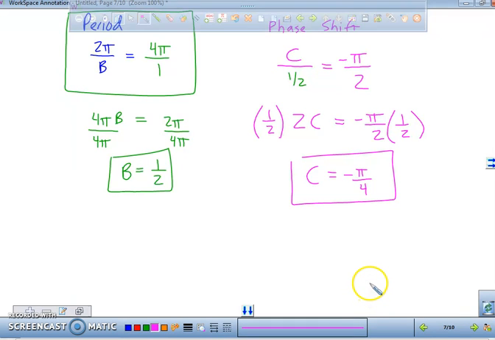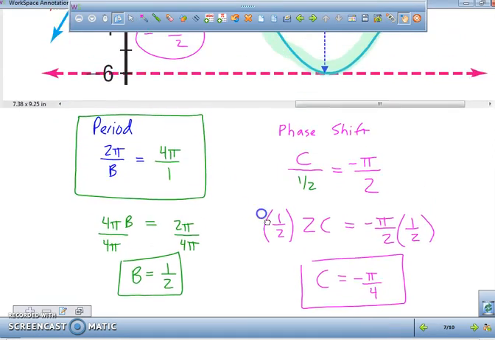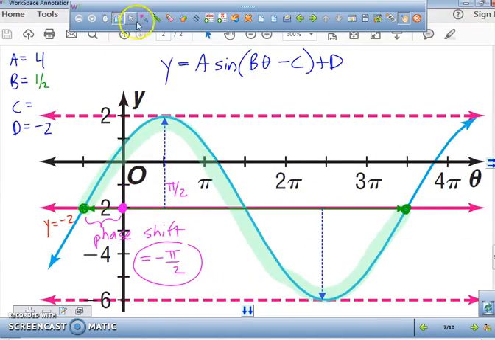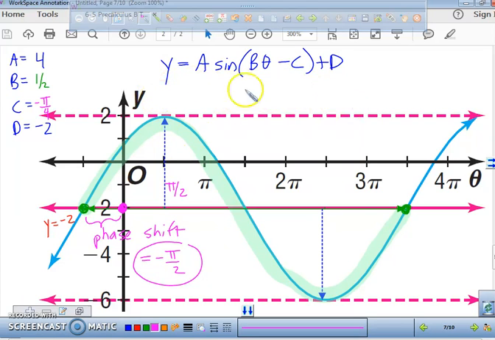Now, the phase shift was what? The phase shift was a negative pi over 2, right? But the C value is equal to negative pi over 4. So right up here where it says C, I'm going to put negative pi over 4. Have those down because we're going to write our final answer right here. Okay? Here we go. Final answer.